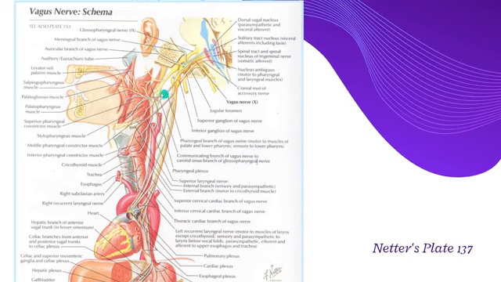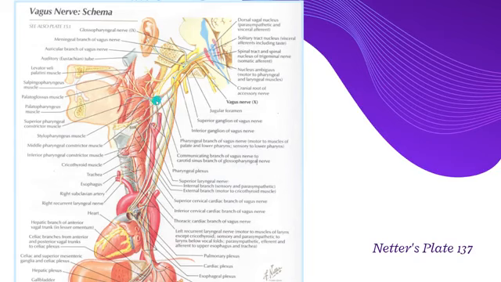You'll see this one pretty high in the neck, and it's going to also provide a little bit of sensory innervation to the lower pharynx. So the pharyngeal branch of the vagus nerve is going to have both sensory and motor innervations.